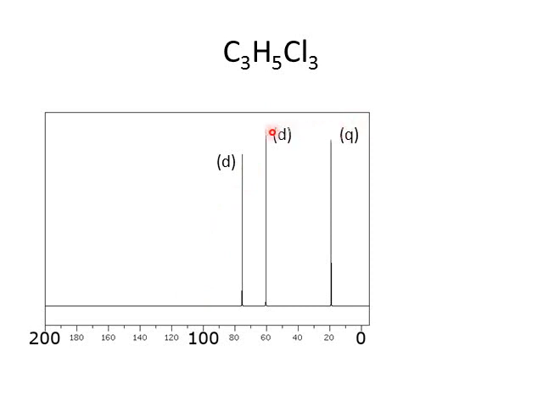I also have here in parentheses splitting information. So in this example, rather than showing you an off-resonance decoupled carbon-13 spectrum, I am just indicating to you that in the off-resonance decoupled carbon-13 spectrum, this signal is replaced by a quartet, this one by a doublet, and this one by a doublet.